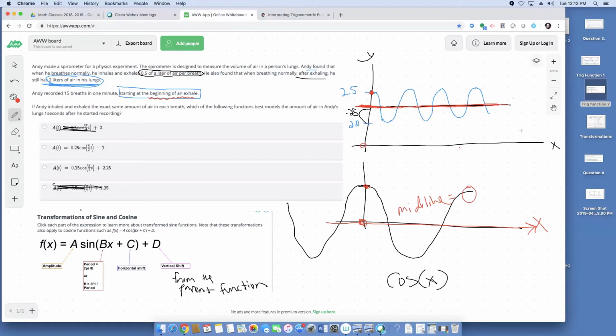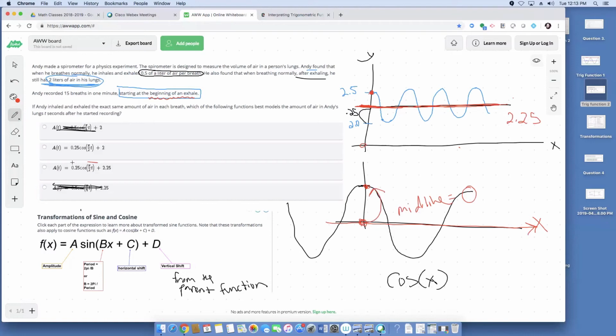Our midline's at 2.25. So that's our vertical shift, how much we moved up. We got a fixed point and then we see how much it went up, which is 2.25.